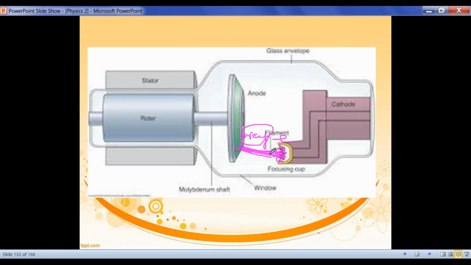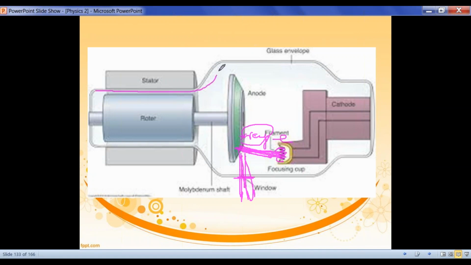So, high-speed electrons will bombard the target or the focal spot of the anode. There will be conversion of energy and electrons to be converted into X-ray. Tapos, lalabas na po yung X-rays dito sa ating window. Ito po yung manipis na part ng ating glass envelope.